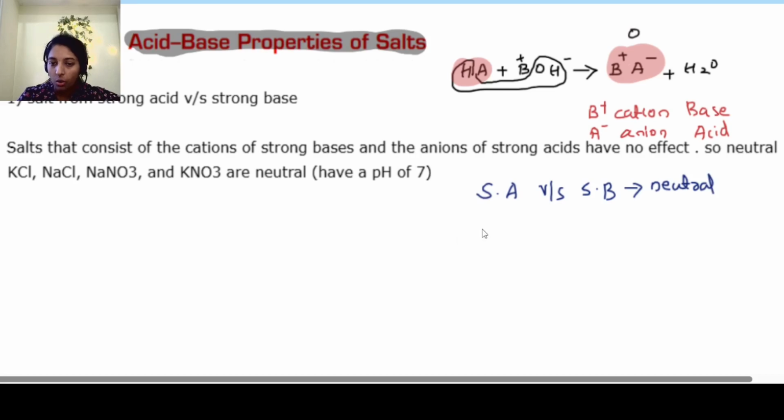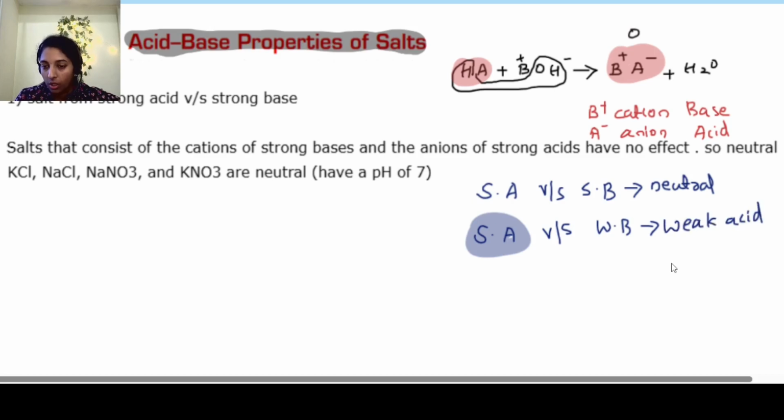But what if one is strong and the other one is weak? In this case, the acid is the stronger one. Since the acid is stronger, definitely you can get an acidic salt. Is it strongly acidic? Not definitely, right? Because both are opposing, but the dominating strength is for the acid. So that's why you can get a weak acidic salt. So this time it's not a neutral salt.